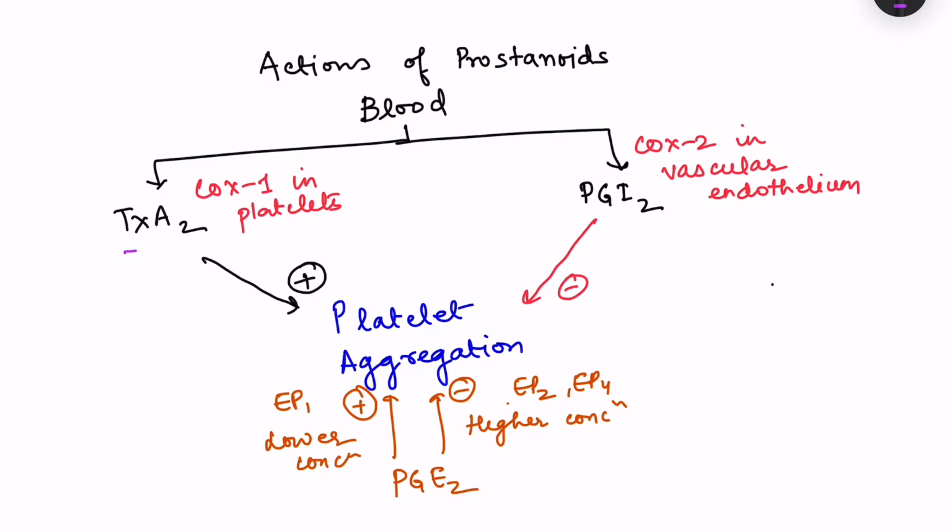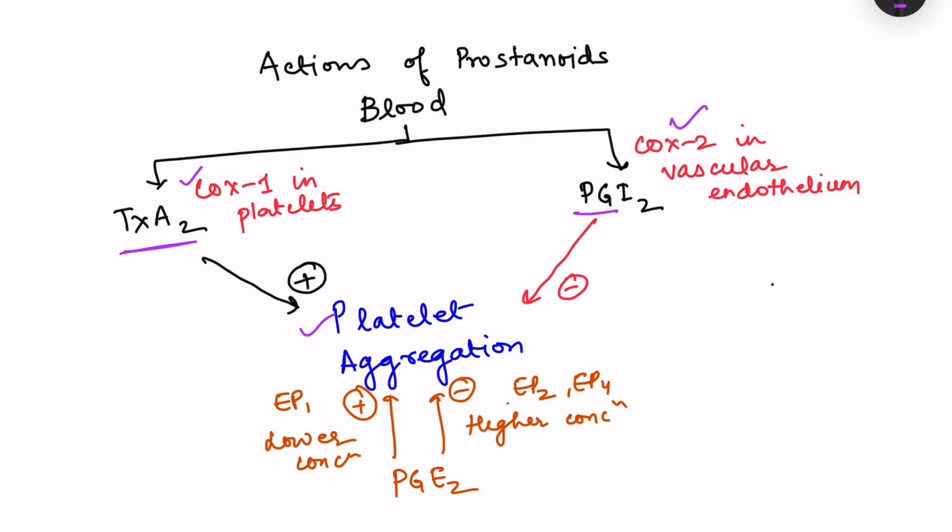Thromboxane A2, which is produced by the action of COX-1 on arachidonic acid in platelets, promotes platelet aggregation. On the other hand, PGI2 is produced by the action of COX-2 in vascular endothelium, and it inhibits platelet aggregation.